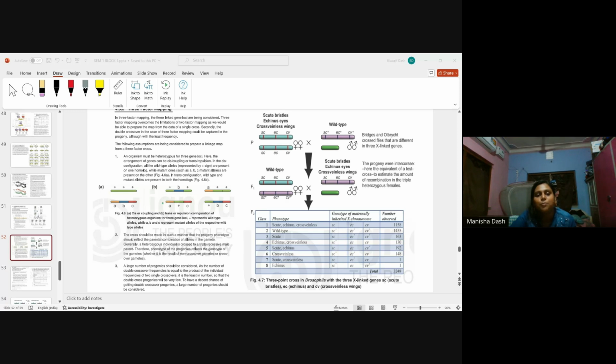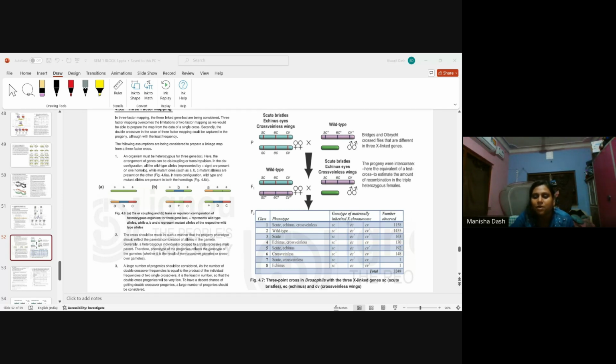And here the position of B and C is cis, but the position of A and B is trans. The position of A and C is also trans. So this is called cis position or coupling, and this is called trans position or repulsion phase. This is very important when you are considering the three-factor cross.